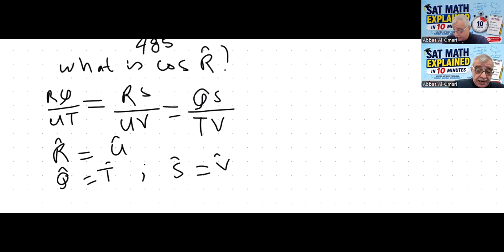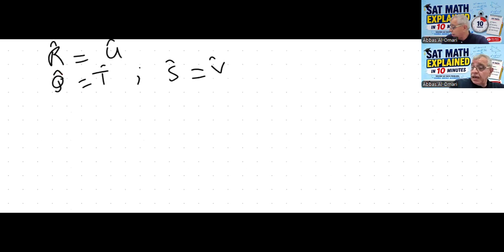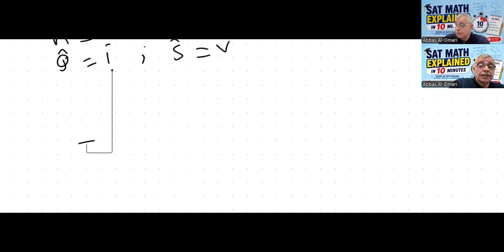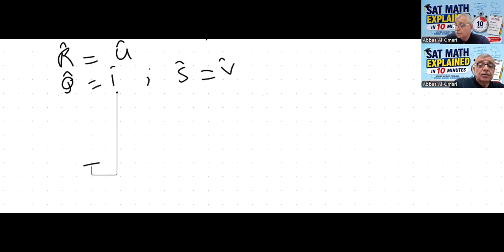Now, since angle R equals angle U, then cosine R equals cosine U. We are given cosine U, so cosine angle R equals cosine angle U, which equals 93 over 485.